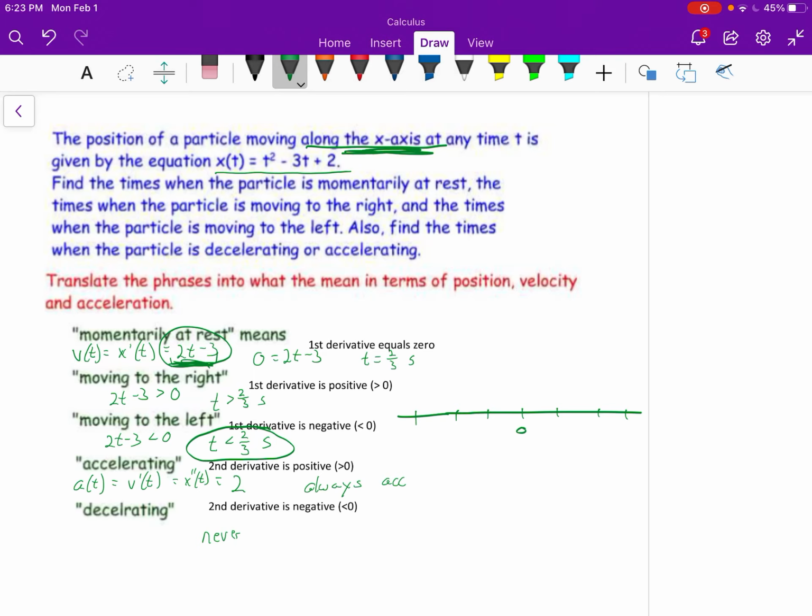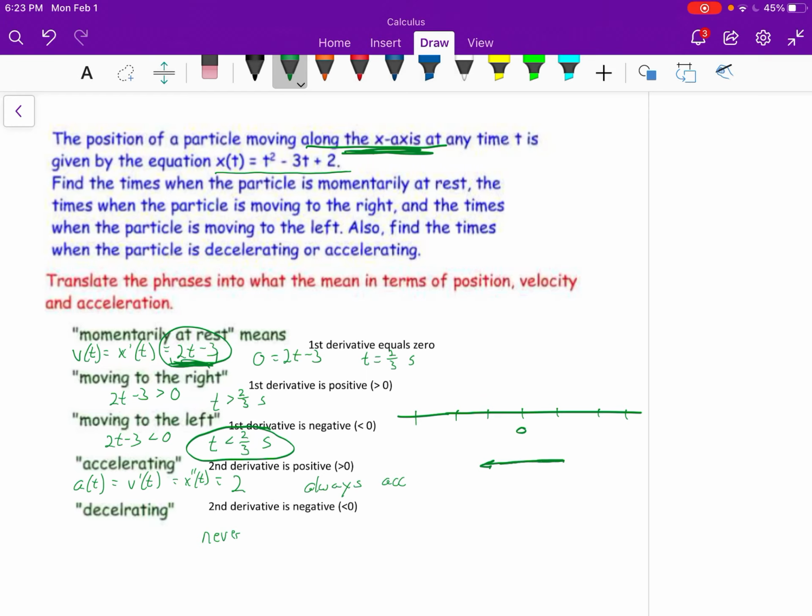So if t is less than 2/3 seconds, so really if we're talking about initial time less than 2/3, it's moving to the left. So it's moving to the left. Then at 2/3 seconds, it is momentarily at rest.